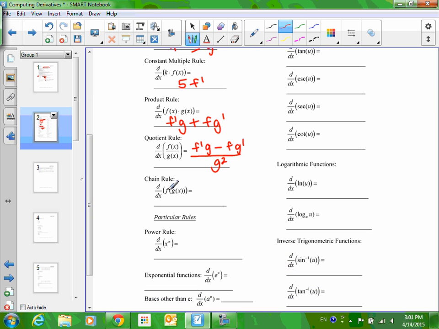Okay, chain rule. Remember, you take the derivative of the outside part first. What initially happens to the inside part of chain rule? It stays the exact same. Then you go times the derivative of the inside.